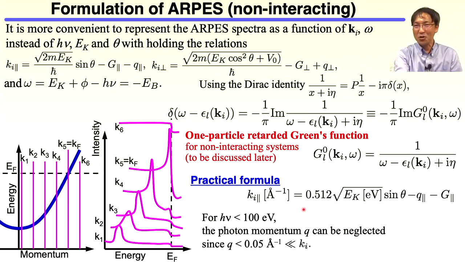It should be noted that the photon momentum Q can be neglected for excitation photon energies less than 100 electron volts, since the value of Q is at most 0.05 inverse Ångströms, which is much smaller than Ki, the electron momentum.